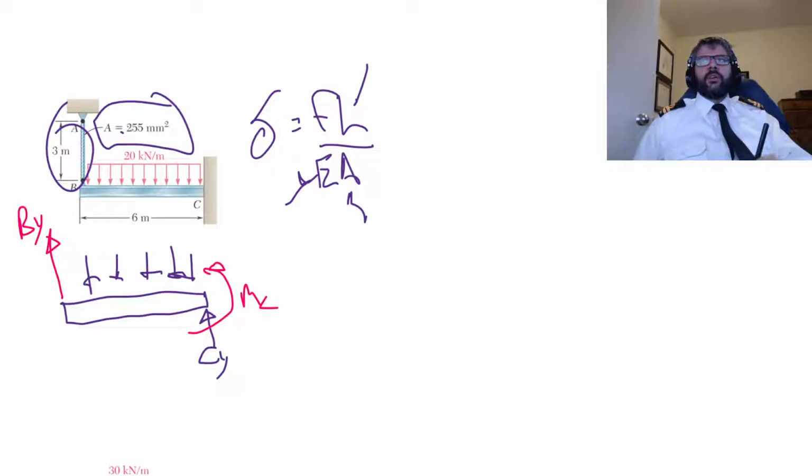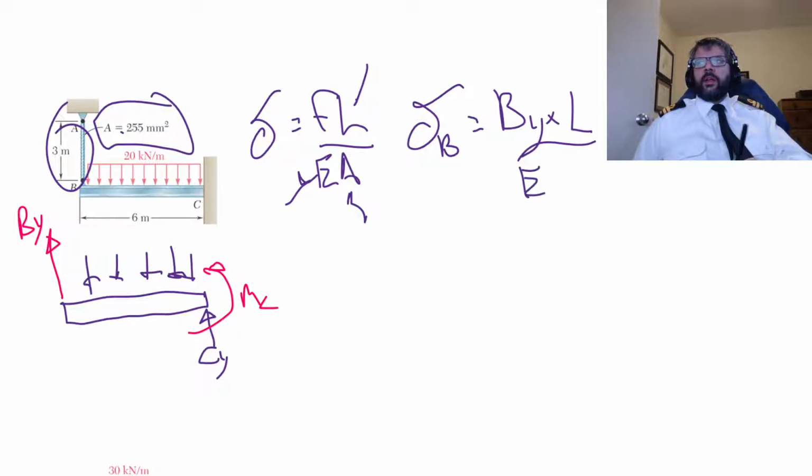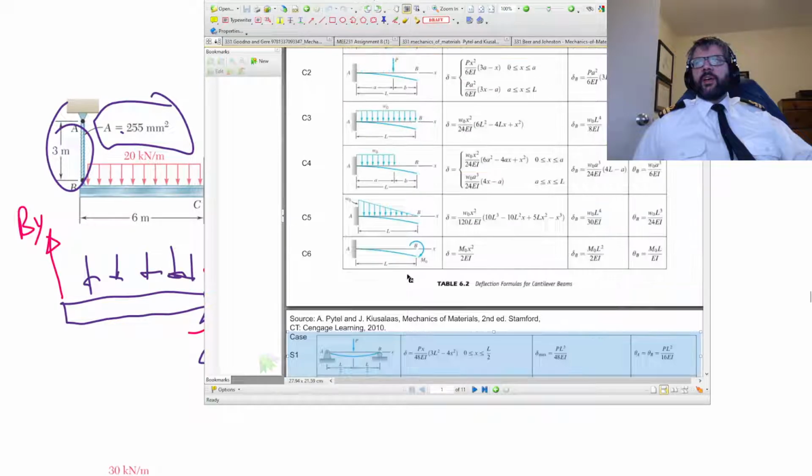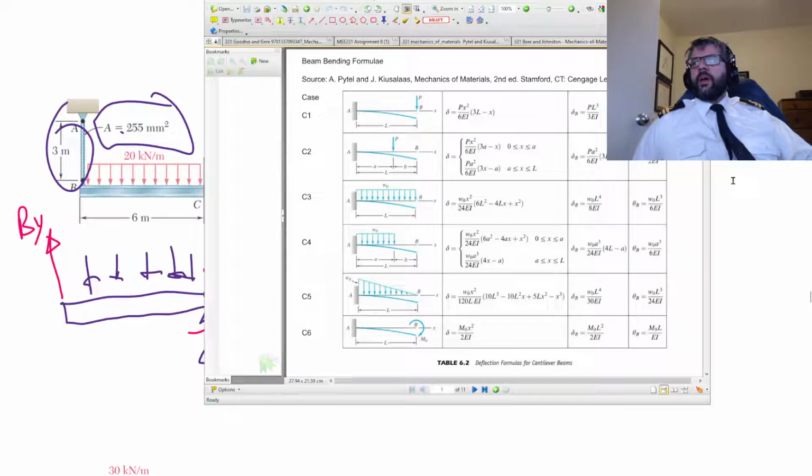So we know essentially that the displacement at B is equal to BY times L over EA. So we need to use that BY in the formulas. That is our compatibility condition. So when we go to look at our cantilever beam formulas, we'll use this one.